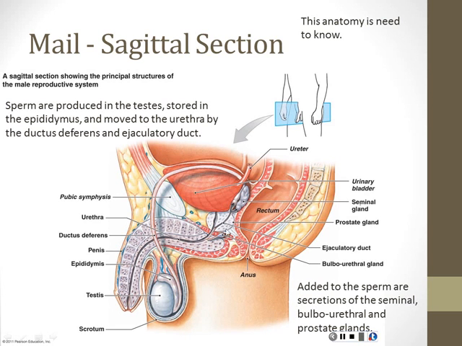The pathway for semen through the prostate gland before it joins with the urethra, we call the ejaculatory duct. So that's here. There are two paths through the prostate: the ejaculatory duct, and the urethra coming from the bladder. Okay, that's all on that one, I think.